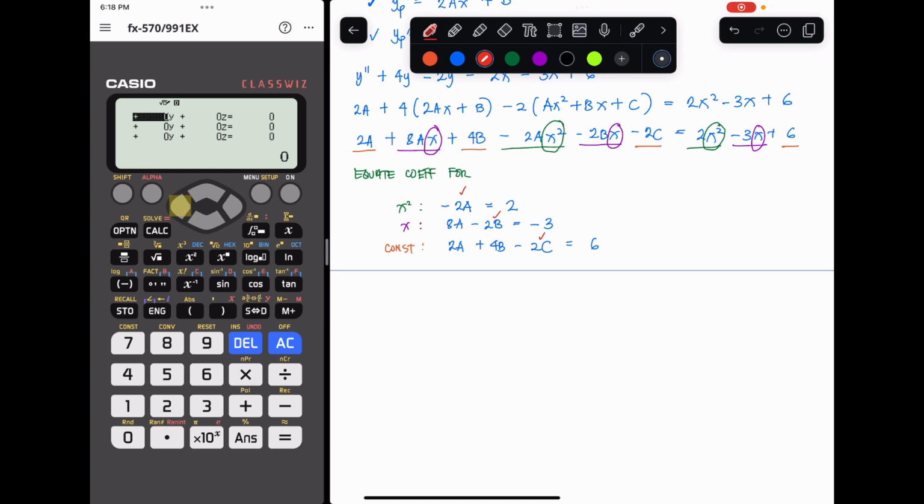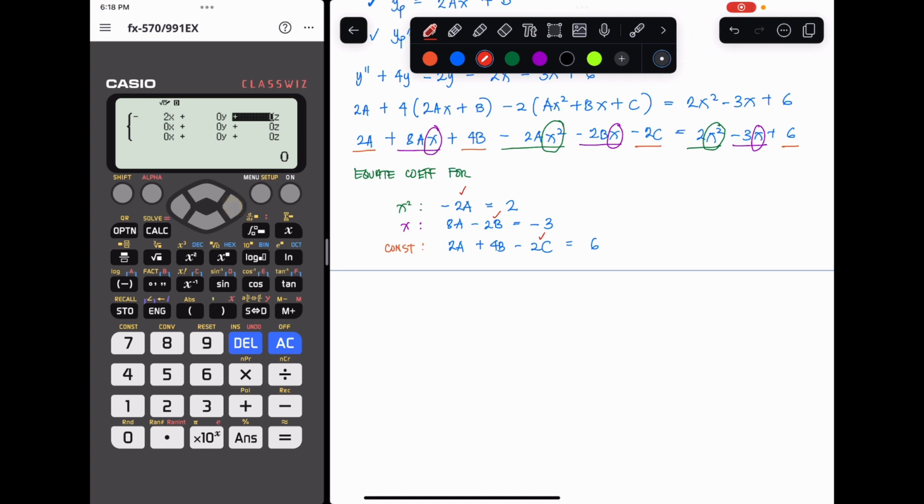Now I'm going to start with x squared. We have negative 2a, so the coefficient for A will be negative 2. I'm going to write negative 2, then equals. The second one, we don't have b, so that is 0.